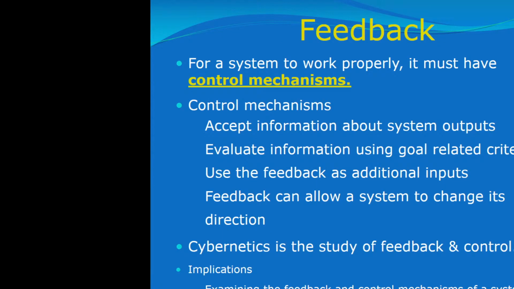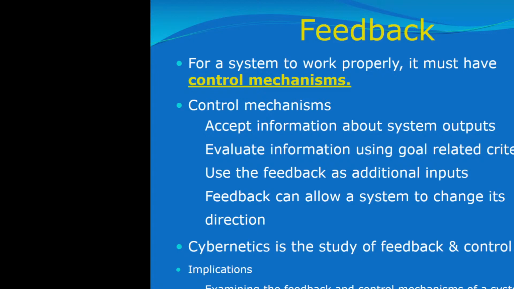Each system has feedback. For a system to work properly, it must have a control mechanism. Feedback is this control mechanism. Control mechanisms for feedback accept information about system outputs, evaluate information using goal-related criteria, and use the feedback as additional inputs.